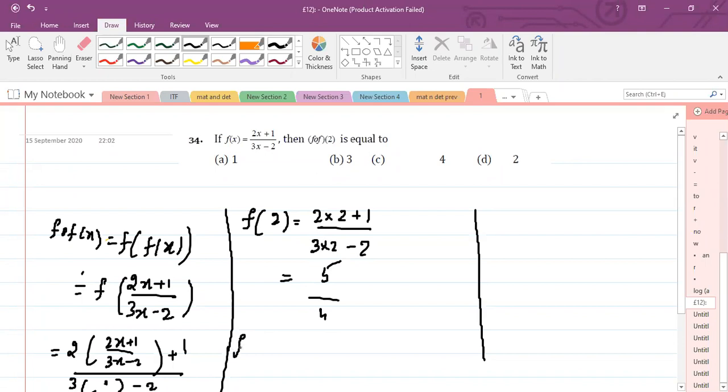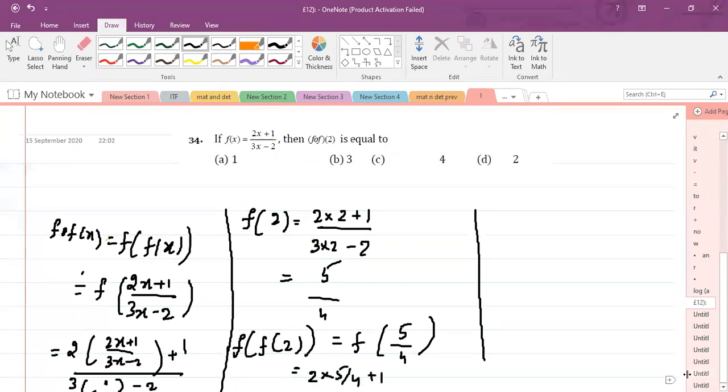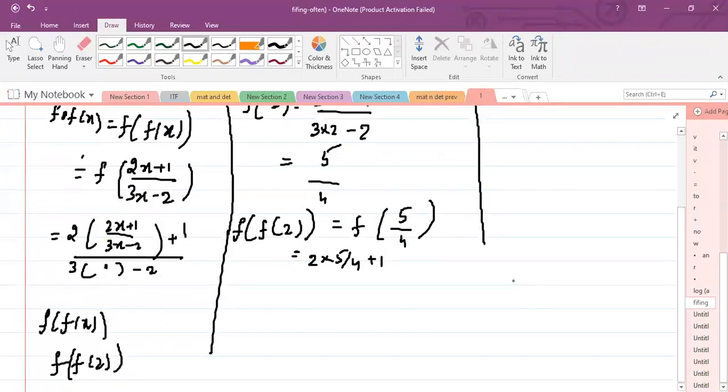Then again finding f of f of 2 means f of 5 by 4, that is 2 into 5 by 4 plus 1 divided by 3 into 5 by 4 minus 2. So this second method is a bit easier than the first method.